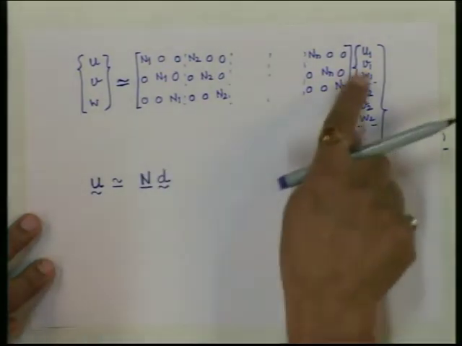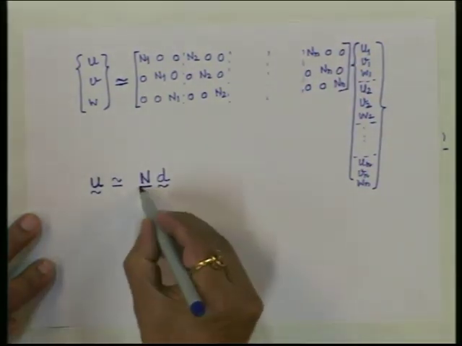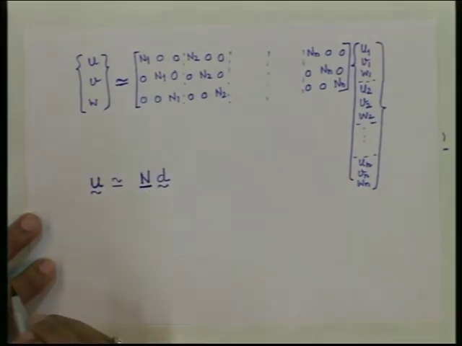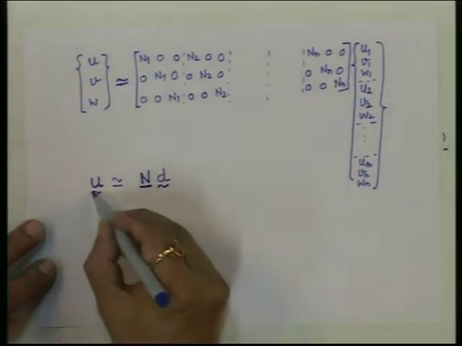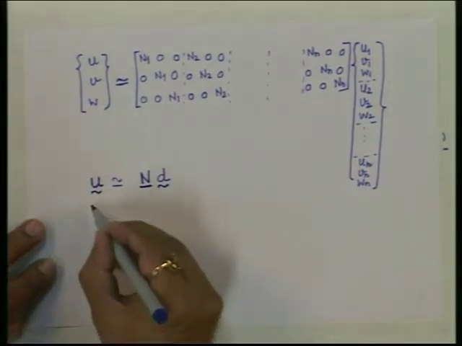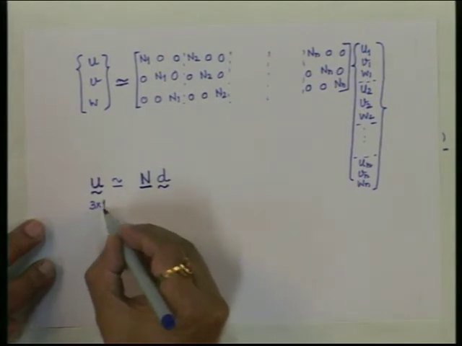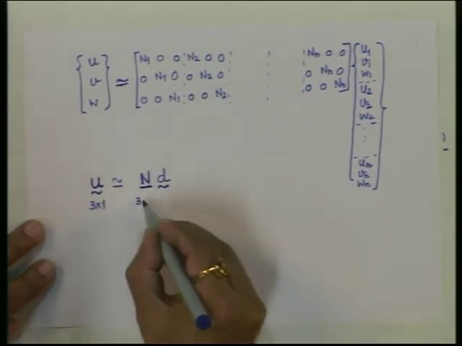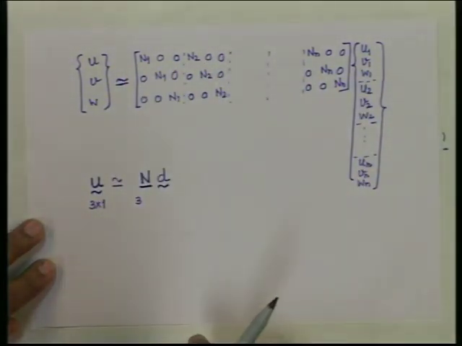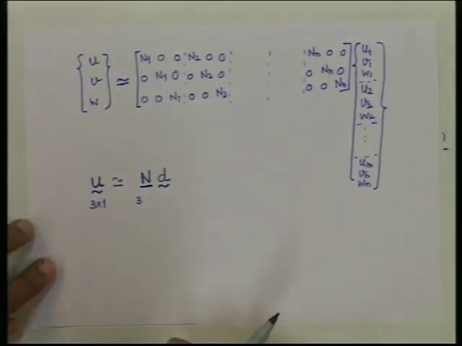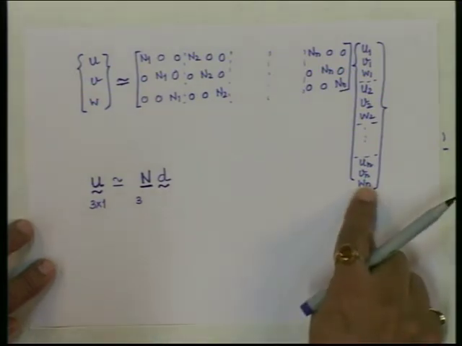So, this is a rectangular matrix, and this is a vertical matrix, or we also call it a vector. For example, this is 3 by 1, 3 rows, but how many columns? 3n.